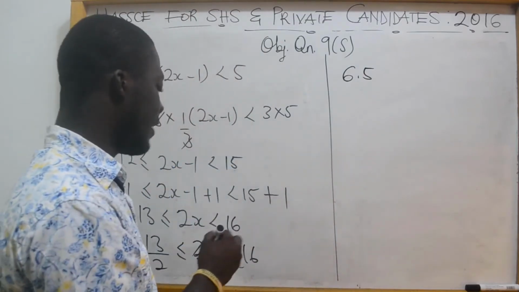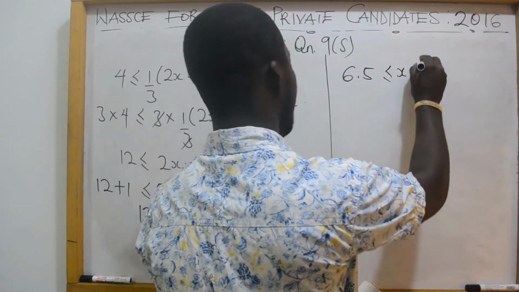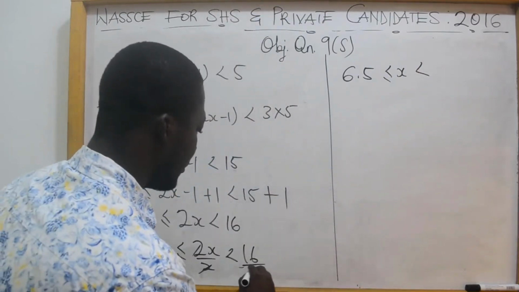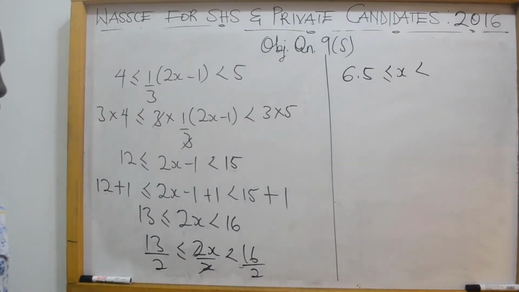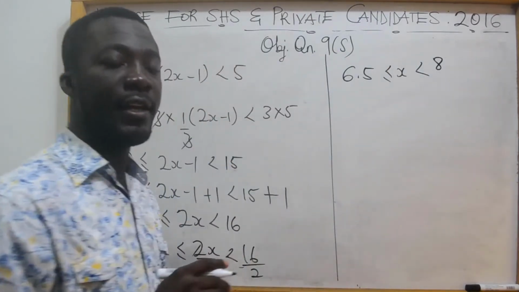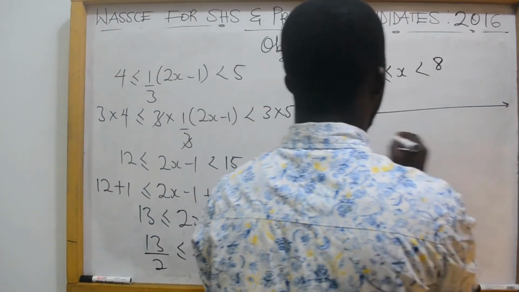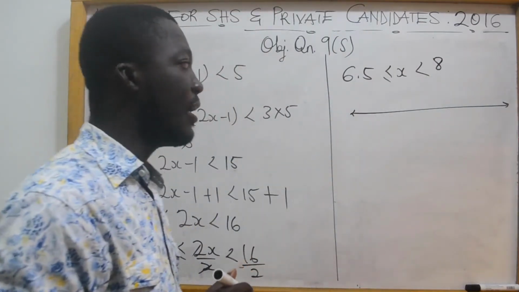So 6.5 is less or equal to x, which is less than 16 divided by 2, which is 8. So this is the inequality, and we have to represent it on a number line.